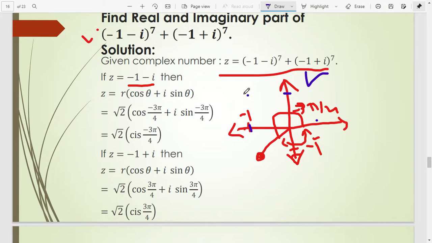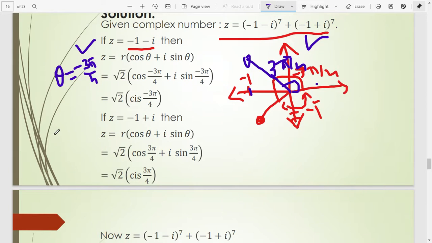So we get the angle with x axis as plus 3 pi by 4. So we get theta is equal to minus 3 pi by 4 and theta is equal to 3 pi by 4.